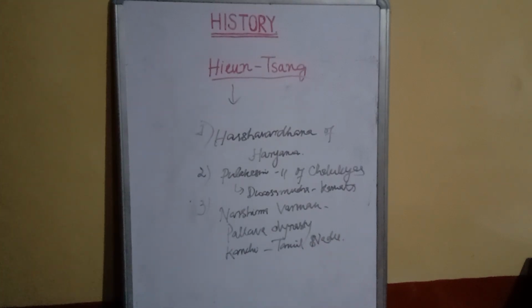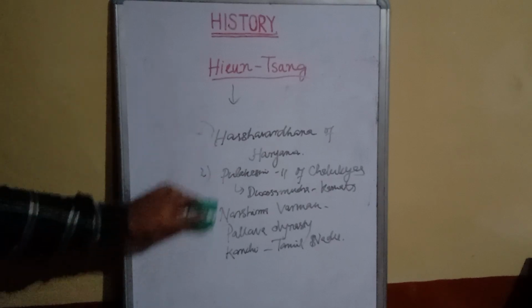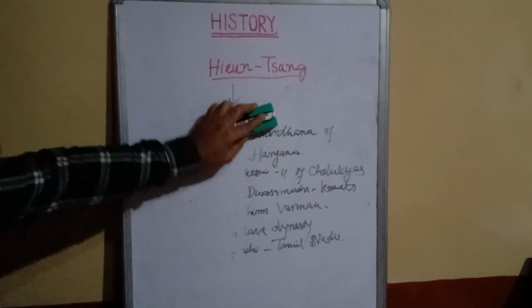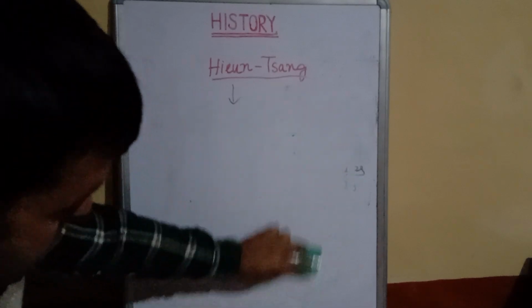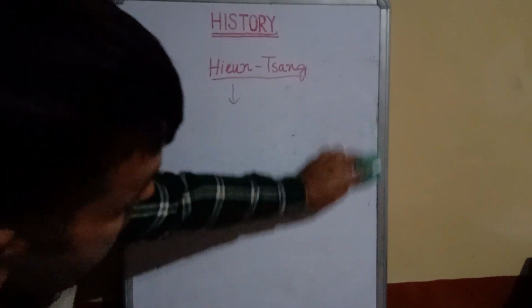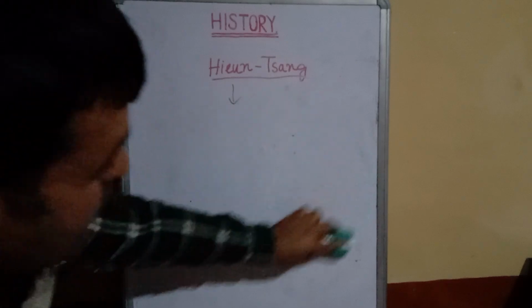Hieun Tsang writes that Buddhism was flourishing in India and mentions about 18 sects of Buddhism.